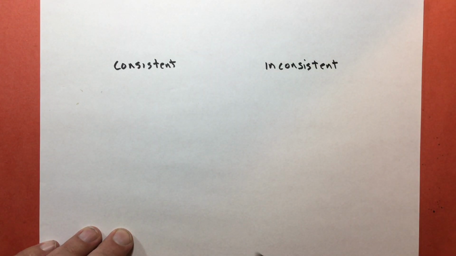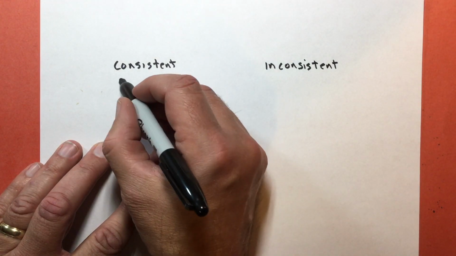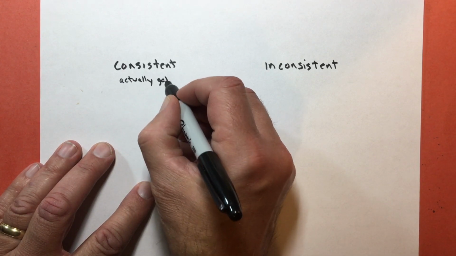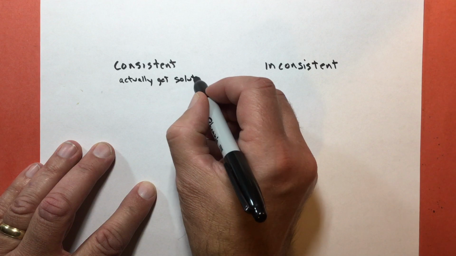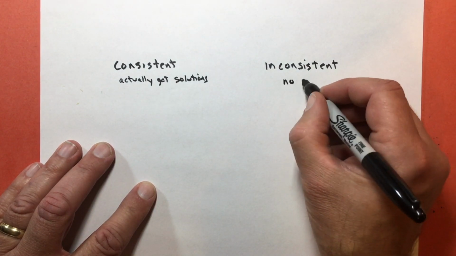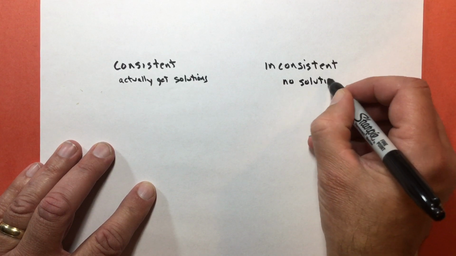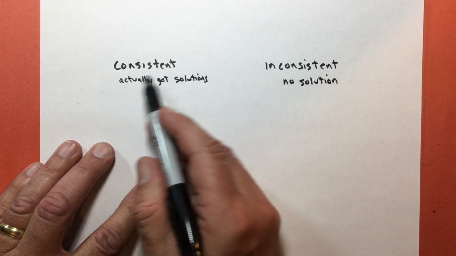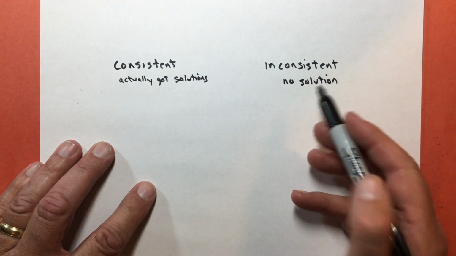Now, consistent means that you actually get solutions. Inconsistent means there is no solution. I'm going to talk more about this one, but I'm going to finish with this one.